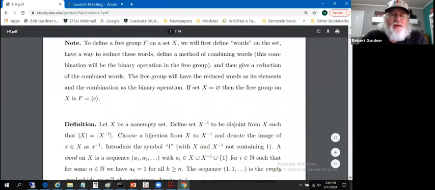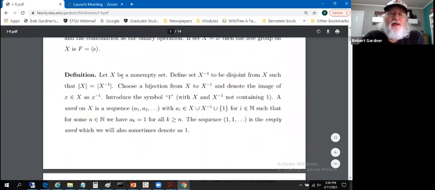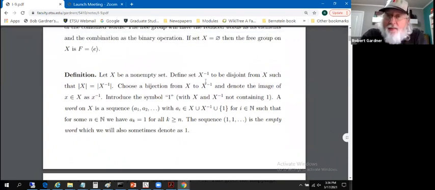So we'll start with a set. Definition, let X be a non-empty set. Define the set, and I make up words as I go along, let me pronounce that X inverse. Define the set X inverse to be disjoint from set X, having the same cardinality. Choose a bijection between the two sets, can be done since they have the same cardinality.